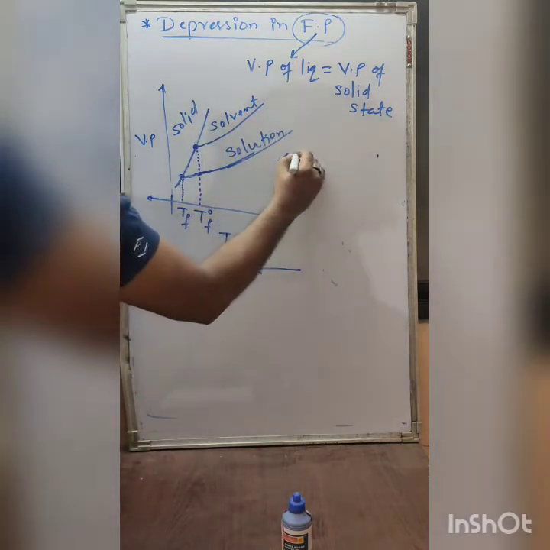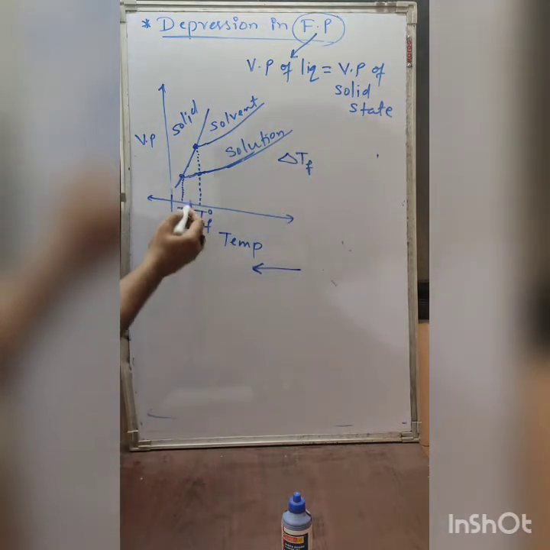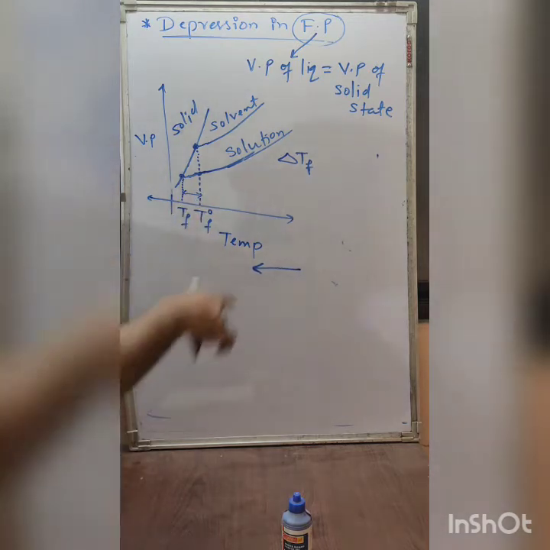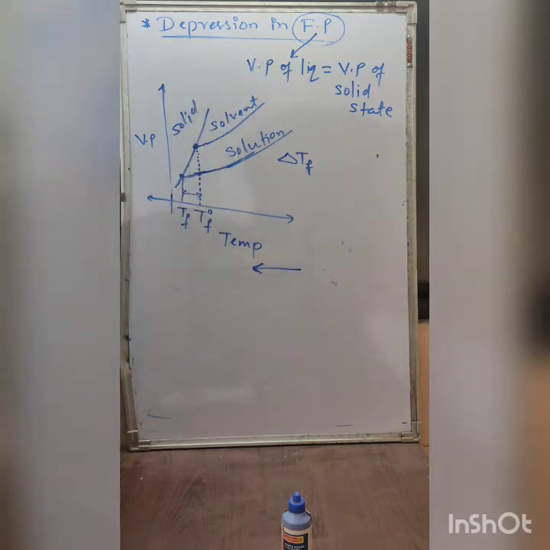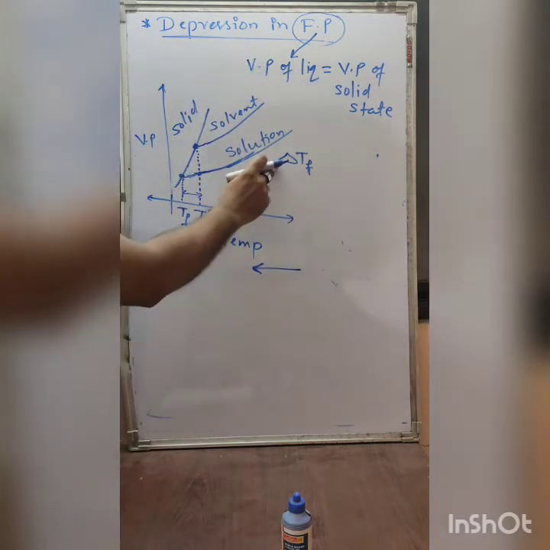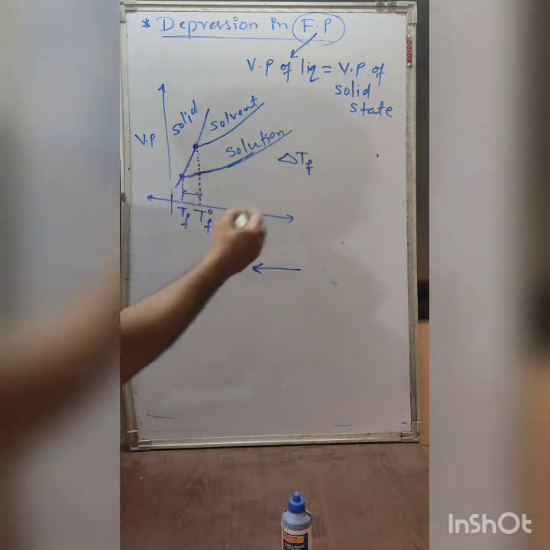This difference is given by delta Tf. Delta Tf is nothing but the depression in freezing point. So what is depression in freezing point?